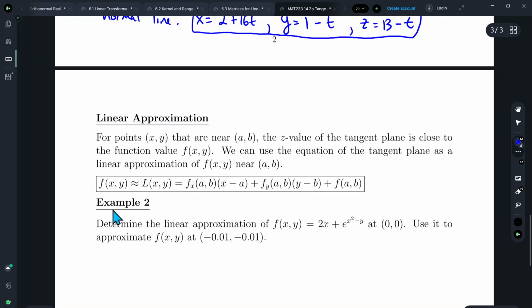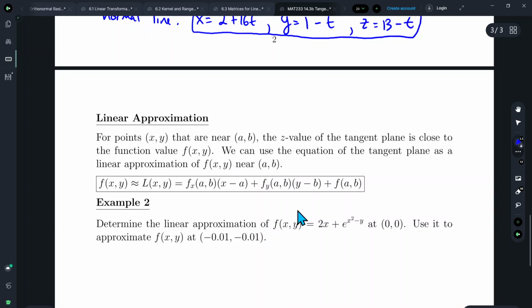Okay, so let's take a look at example 2, where we're asked to calculate a linear approximation of this function at this point that's close to 0, 0. So because we're essentially using the tangent plane to do the calculation, most of the procedure follows exactly what we did for example 1.